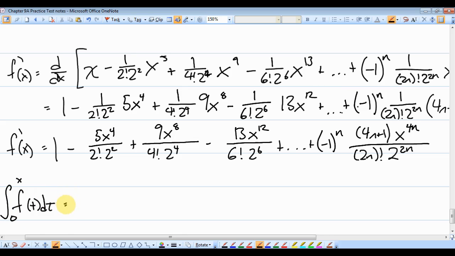The next thing we're going to do is take the derivative of every term, or the integral of every term. So every term needs to be replaced with t, so this becomes t. This becomes, again, leave the coefficient alone. You're not going to do anything with it.